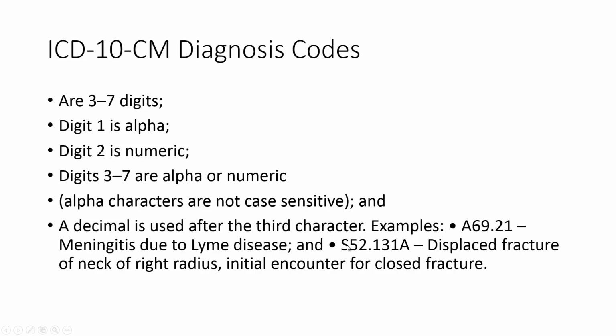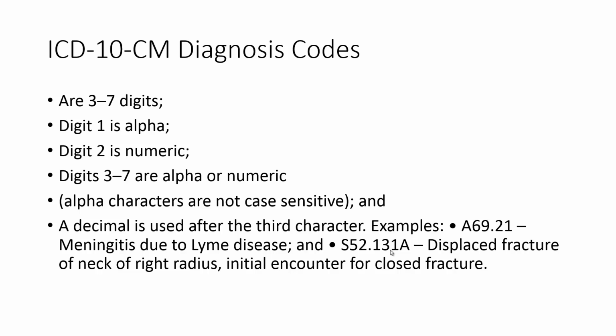So let's look at a 7-character code example, S52.131A. This is a 7-character ICD-10 code, and it might look scary as soon as you see it, but it's actually pretty simple. S52 is fracture of the forearm.